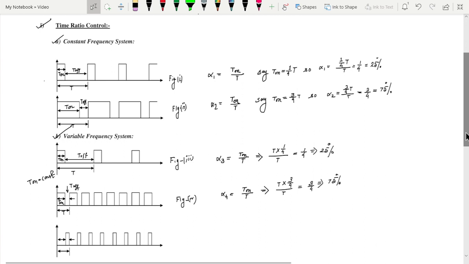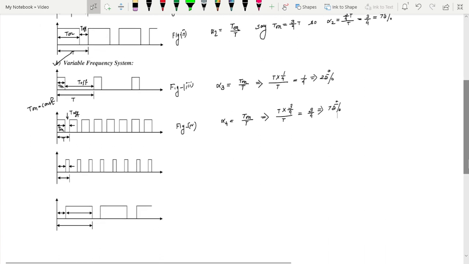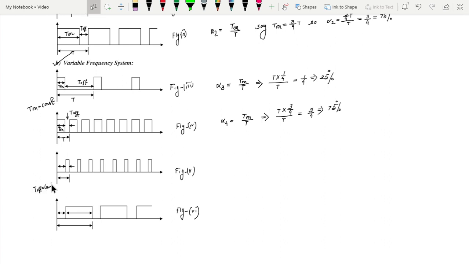Okay, now this is for the variable frequency. And next two pictures, if I consider this is figure 5 and this is figure 6. So here we consider for both pictures T off is constant.